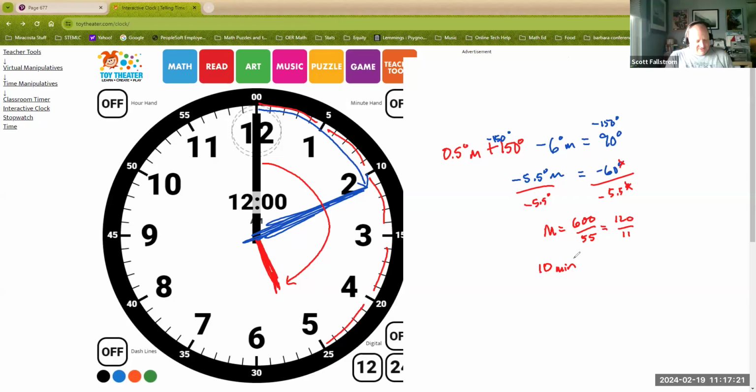Take away the 10, leaves me with the decimal, multiply by 60 to get seconds, 54. Take away the 54, multiply by 11, which was our denominator, and I get 6. So there it is. When would it happen? It happens at 5:10 and 54 and 6/11 seconds. That's the time.